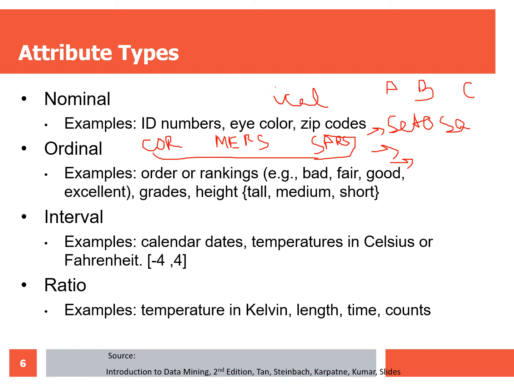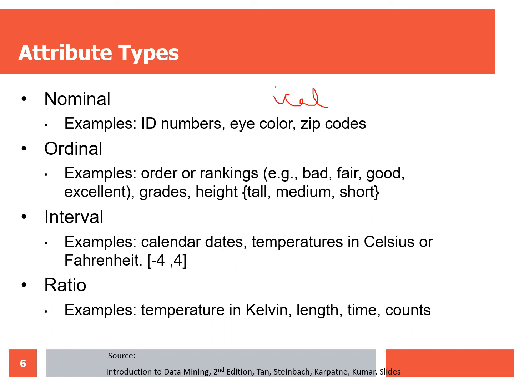Then we talk about ordinal attributes. They also have categories, but there the order is also important. For example, bad, fair, good, excellent, grade A, grade B, grade C, grade E, tall, medium, short. Or what about reviews?